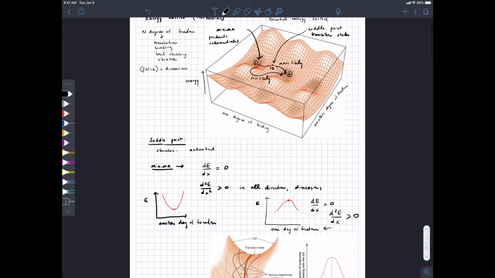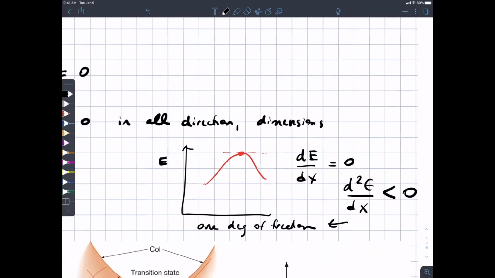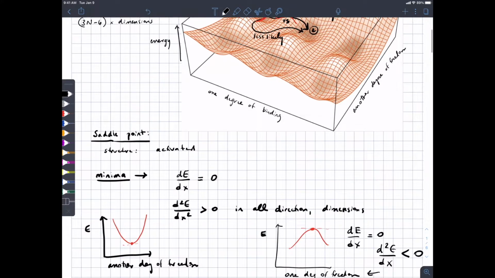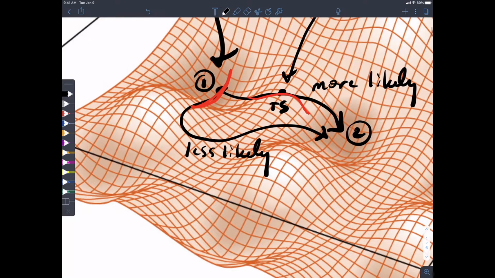Now, we got another problem, right? Because if we define saddle points as being first derivative equals 0, but second derivative is less than 0, how do we distinguish a saddle point from the peak, right?